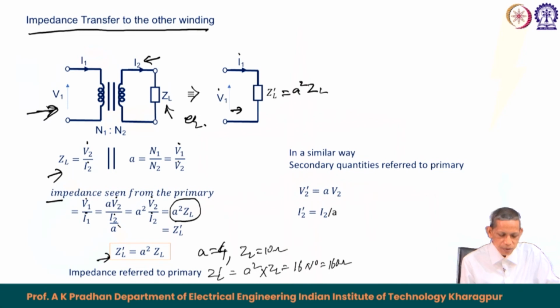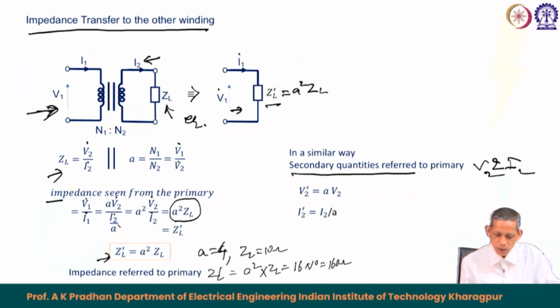So, overall, this ideal transformer provides us this conversion, that the secondary impedance, the load impedance connected, can be referred to the primary side. We take multiplication of the term A square, that is turns ratio. In a similar way, the secondary quantities voltage and current can be referred to the primary.